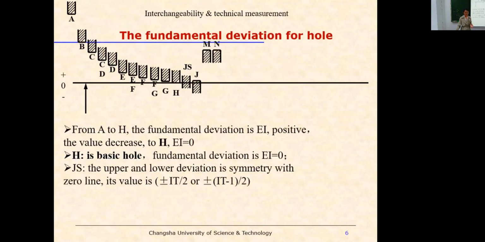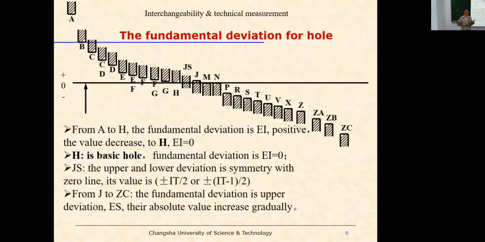So this is for the hole. The hole deviation means that the first one is the fundamental deviation close to the zero line, right? This is 0. So for the hole, his tolerance is larger than 0.